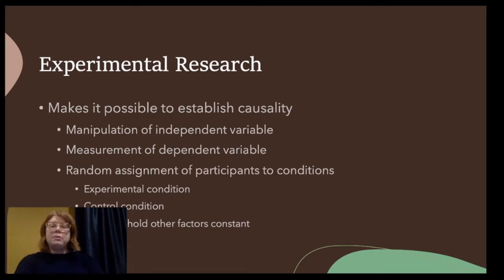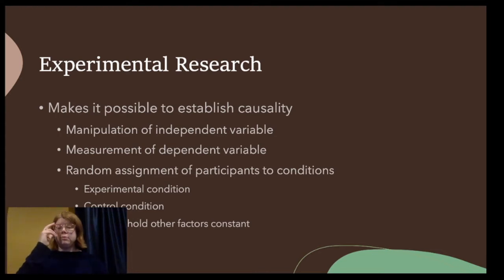And we're able to know that the manipulation of the independent variable is causing changes in the measurement of the dependent variable for a few reasons. First, we randomly assign participants to conditions.